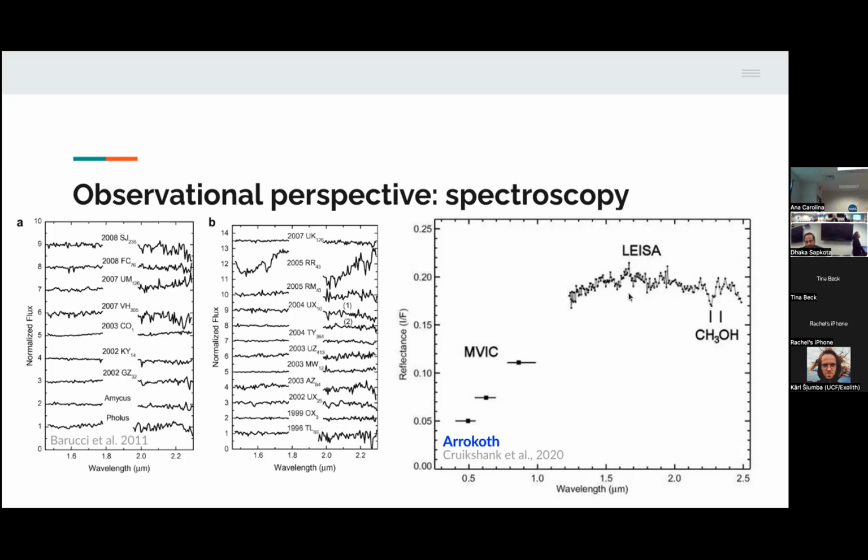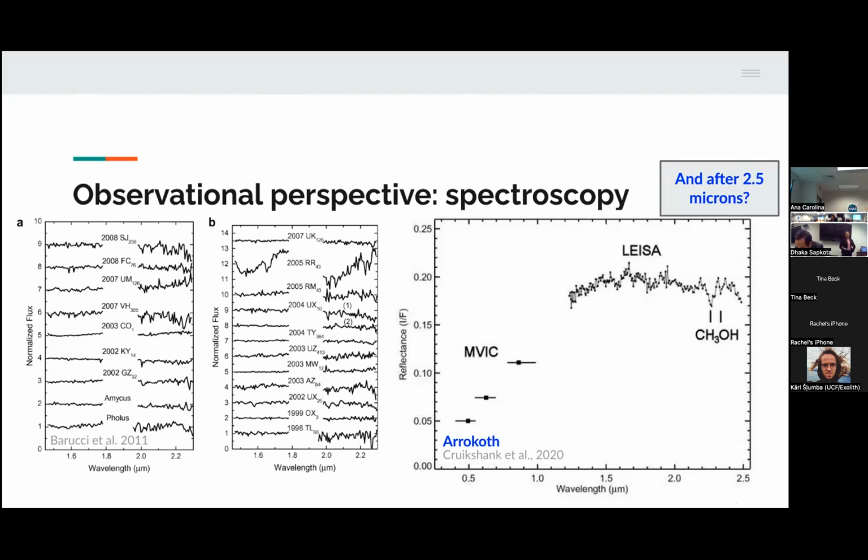We can have some hints about the presence of water ice, and we don't have the spectrum visible, but with the slope of the spectrophotometric points here, due to the red slope, we can infer the presence of some organic material. So from spectroscopy until 2.5 microns, that is what we have.